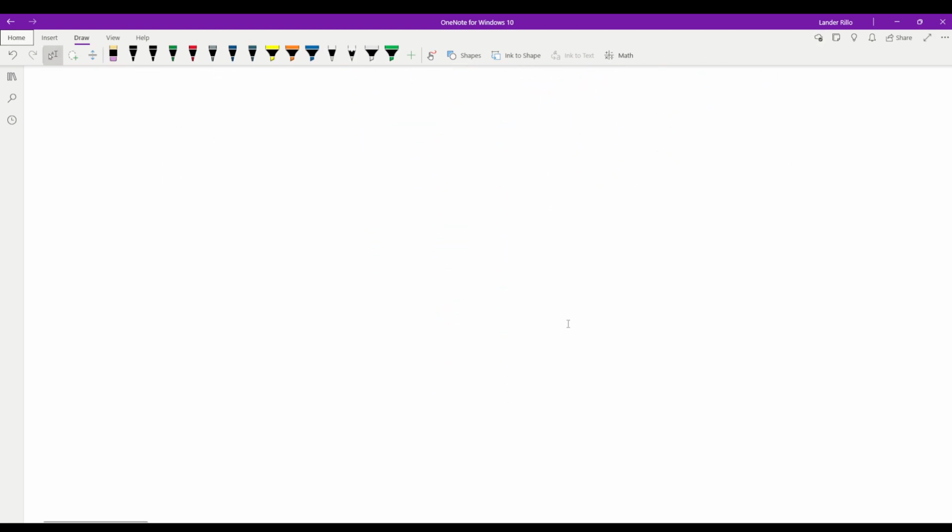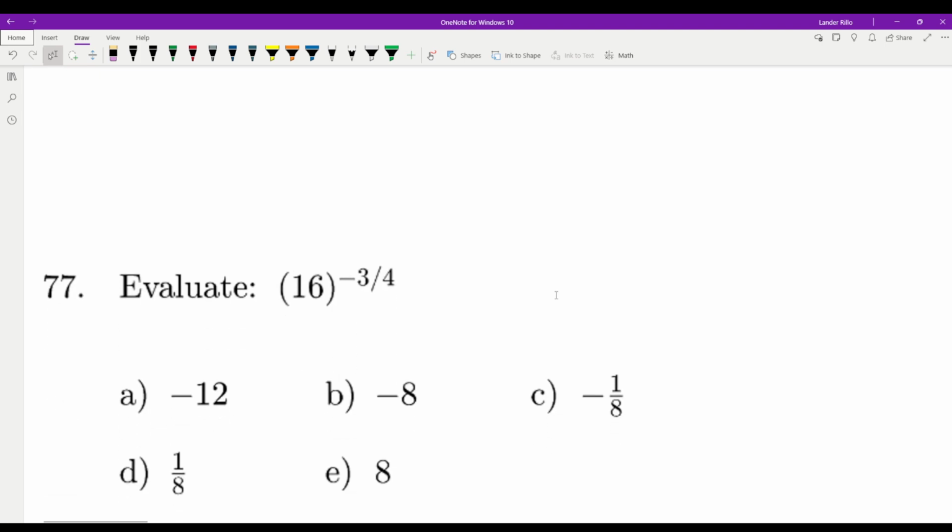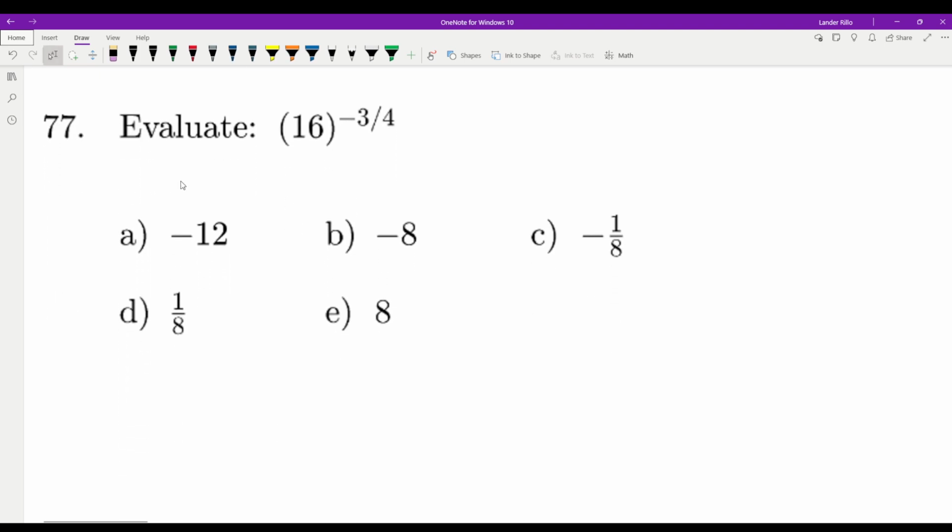We're almost done. Now evaluate, which just means calculate in most contexts. So 16 to the power of negative 3 over 4. There are many different steps to do this.